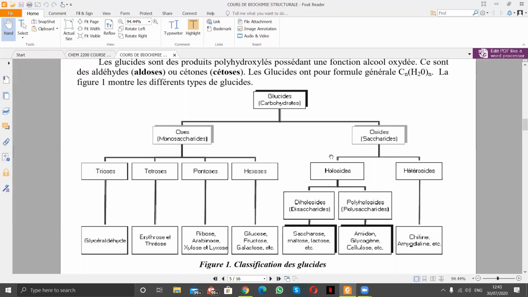Then all oligosaccharides can be hydrolyzed, can be broken down, in short. Are we together?